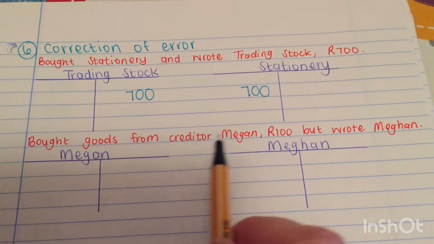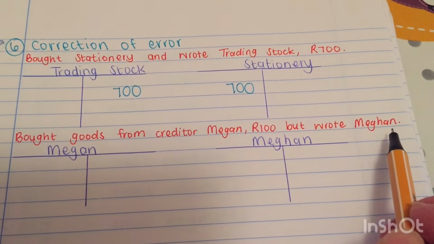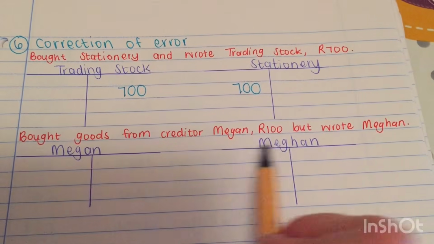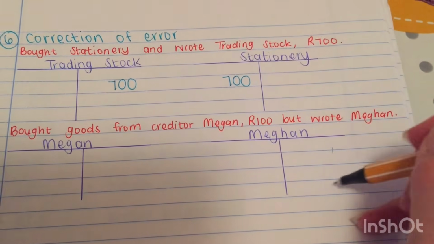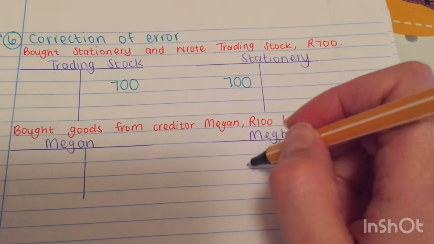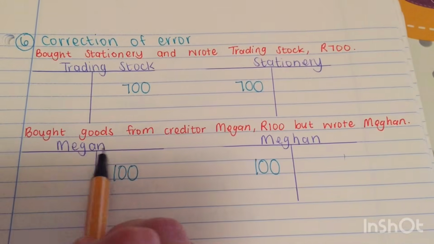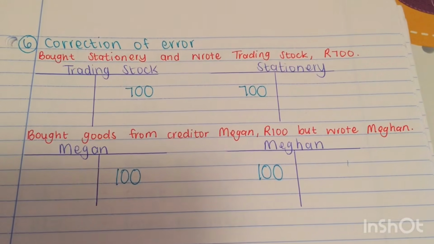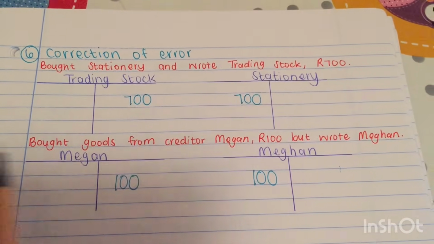Or I bought goods from a creditor, Megan, 100 Rand, but I wrote Meg Han. Okay, it's just a name issue. So I wrote over there that I owe Megan 100 Rand, but I must go and take it out because I actually owe this Megan 100 Rand. So stationery was debited and trading stock was credited.